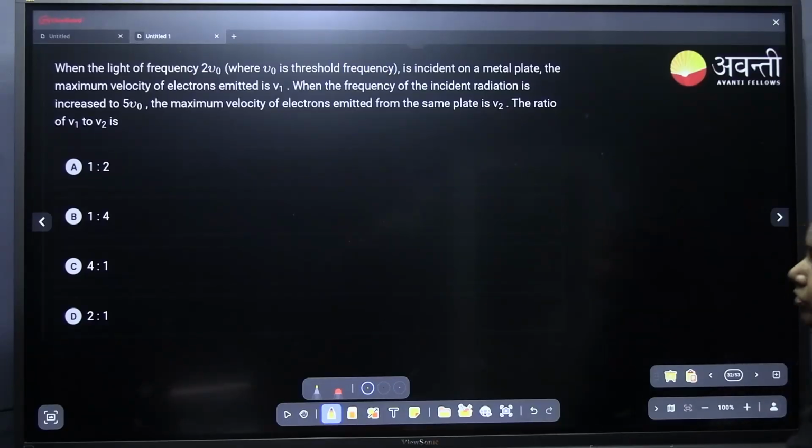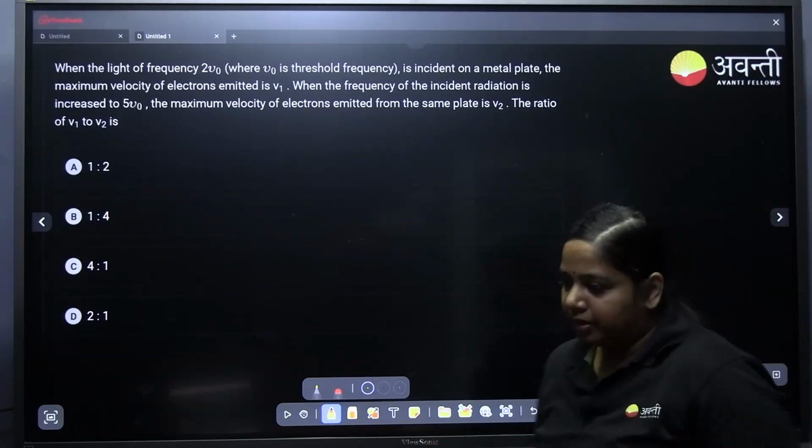When the light of frequency 2 nu naught is incident on a metal plate, maximum velocity of electrons is v1. Frequency of incident radiation increased to 5 nu naught, maximum velocity is v2. Ratio of v1 to v2.